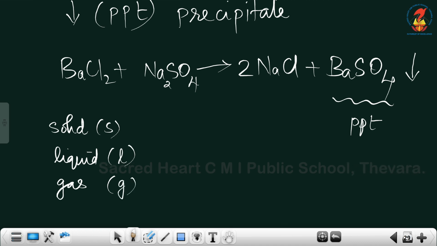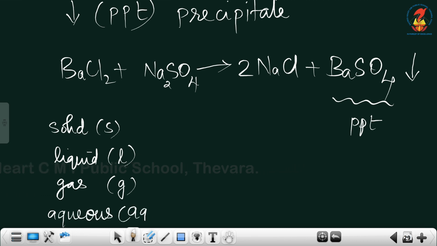And if it is dissolved in water, we say aqueous, so at that time aq will be written in brackets.